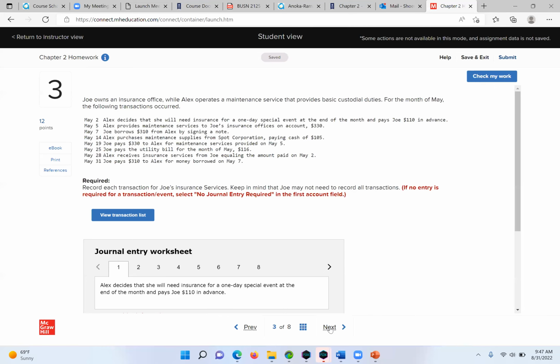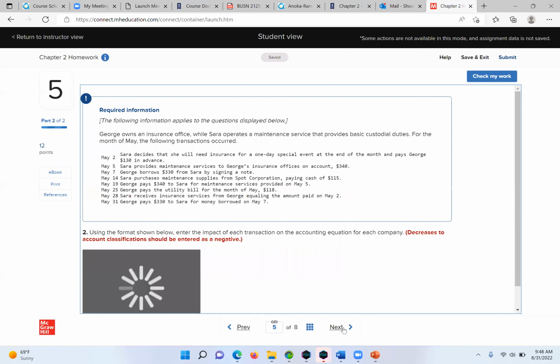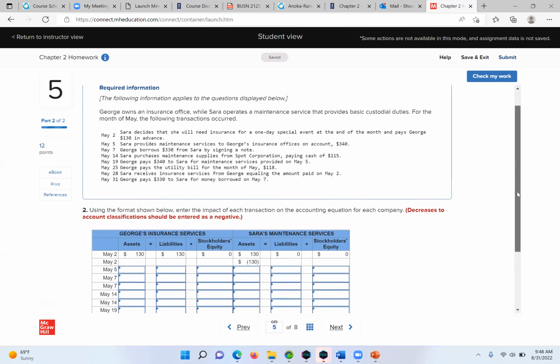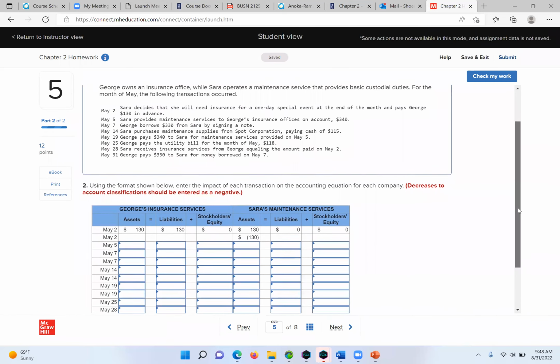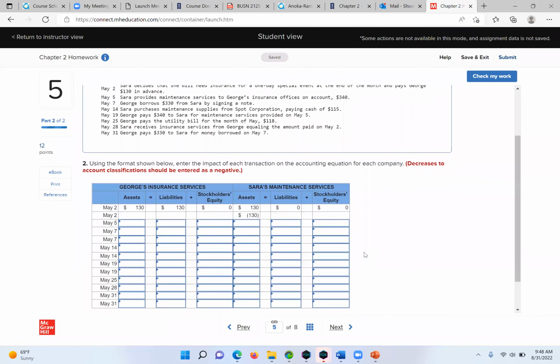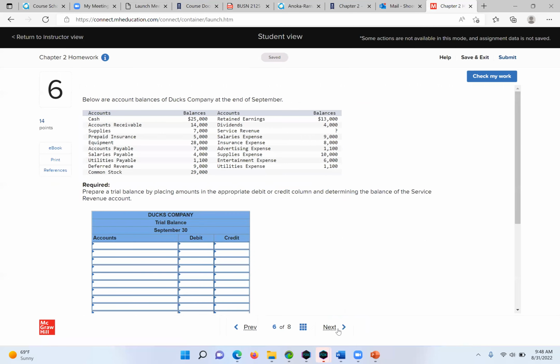Then we have various transactions. We need to record or show the transactions. More transactions. And again, we did this. How does it affect the accounting equation? Here, you're creating a trial balance.